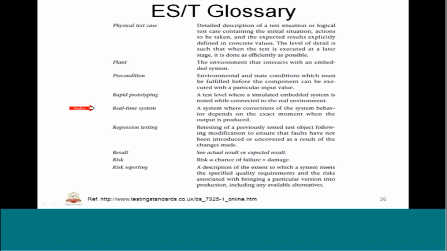Real-time system: where correctness of the system behavior depends on the exact moment when the output is produced. That means where the time is very hard. It's also called a hard real-time system.